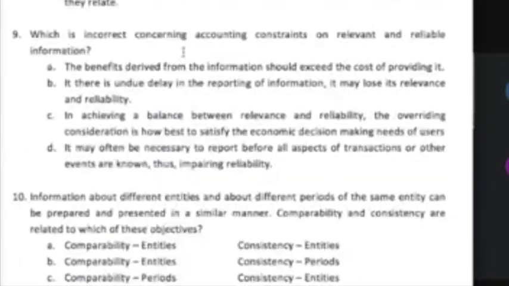Number 9. Which is incorrect concerning accounting constraints on relevant and reliable information. Letter B. If there is undue delay in the reporting of information, it may lose its relevance and reliability. So, if there is an undue delay in the reporting of information, it may lose its relevance, but the information can still be highly reliable with little use to users who actually needed the financial information for decision making.